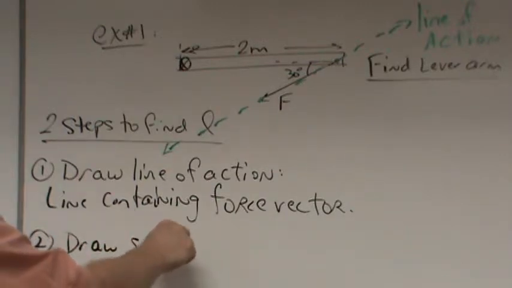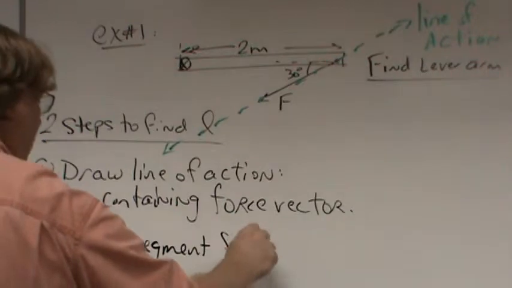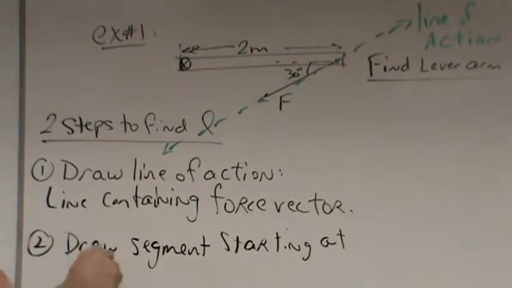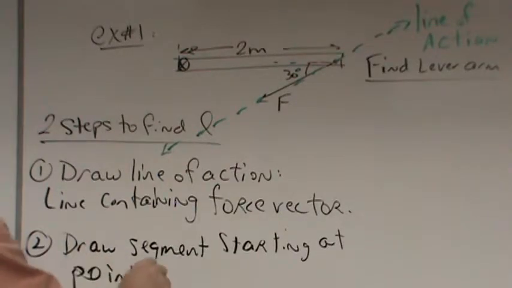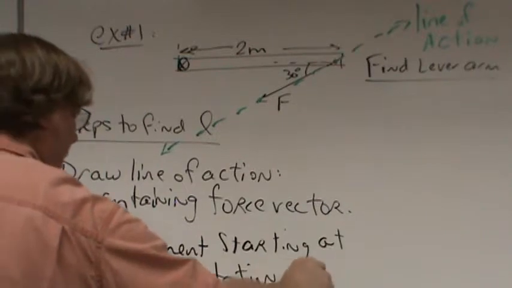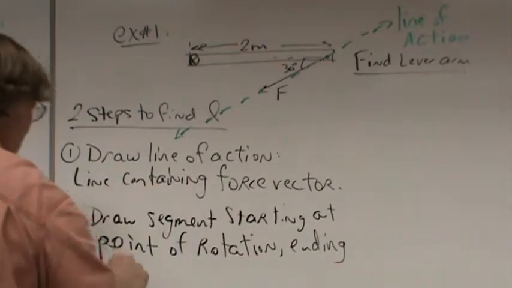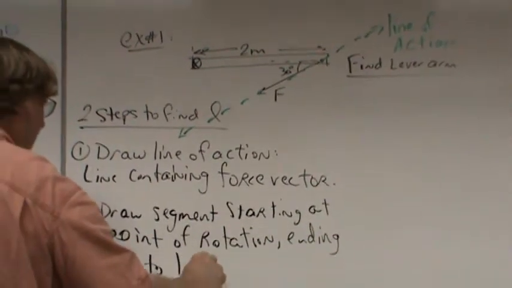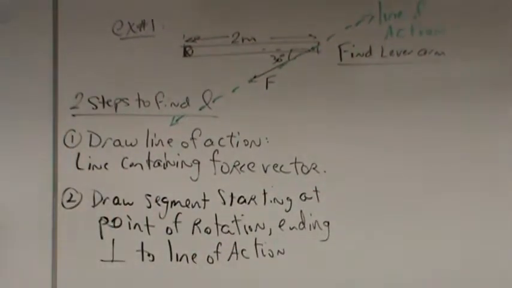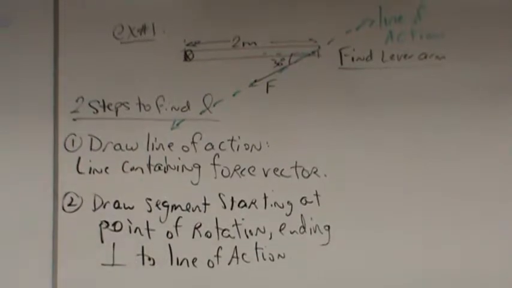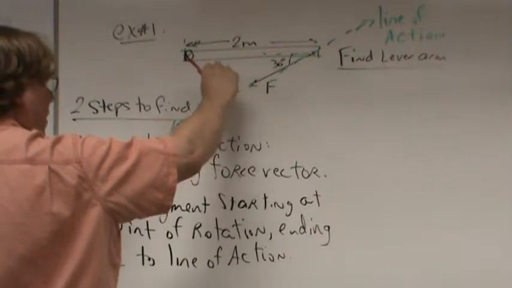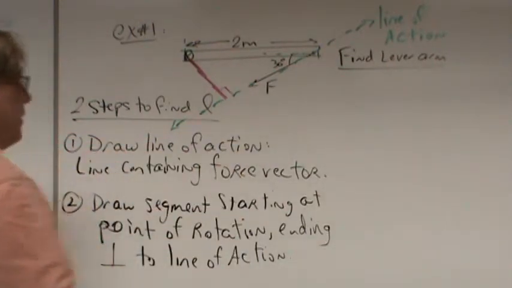Draw the line segment starting at the point of rotation and ending perpendicular to the line of action. So here we go. Starting from here, draw the segment perpendicular to the line of action.